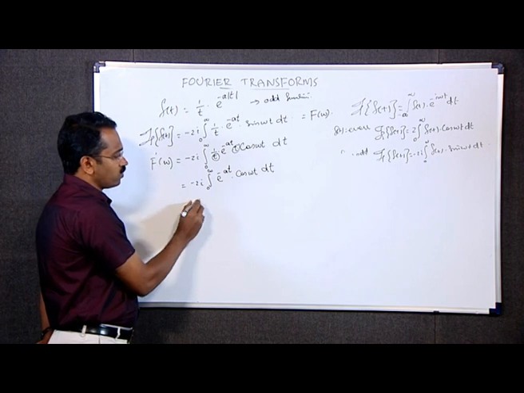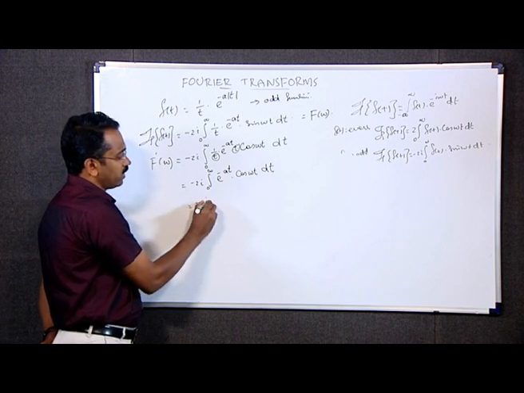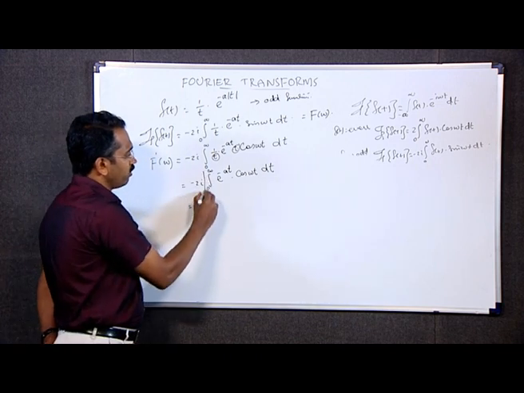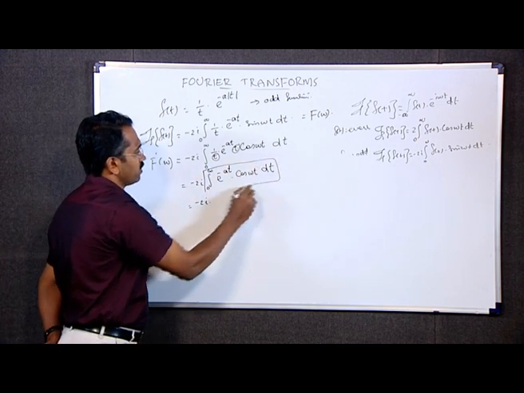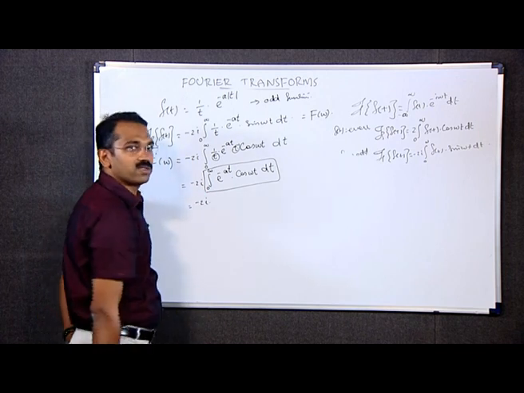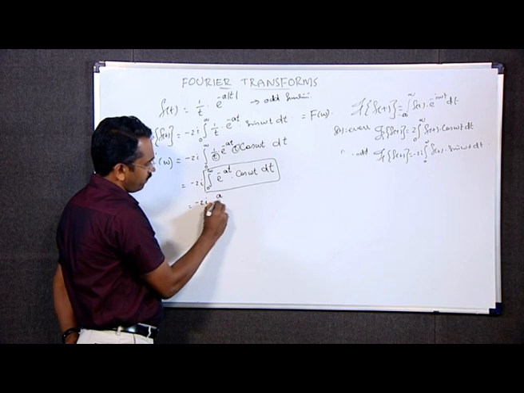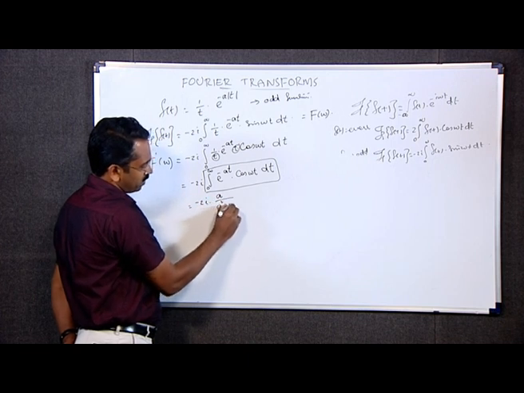This is equal to minus 2i into, here the value of this integral, as in the previous problem, is a by a square plus omega square.